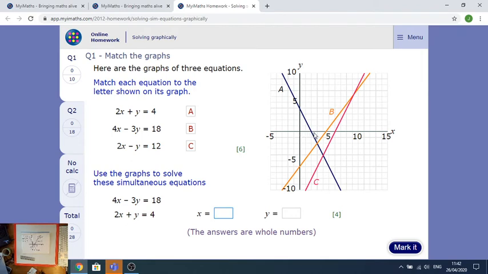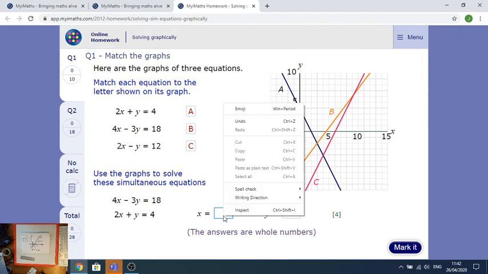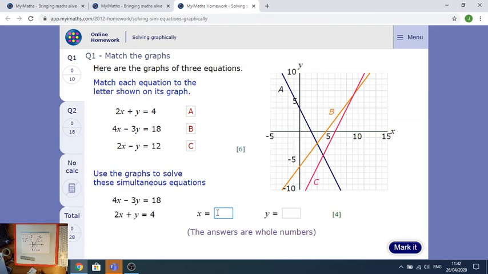So x equals 3 and y equals minus 2 should be the solution. Let me just fill that in there. It should work not just in the first equation, not just in the second equation, but both equations at the same time.